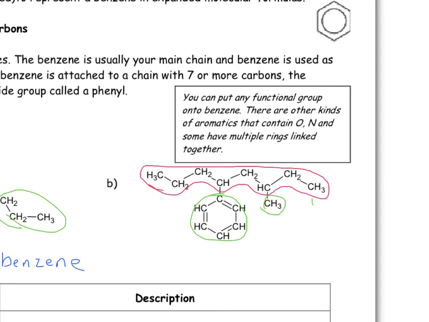So if I go from this direction, I will have groups on 3 and 5 instead of 4 and 6. So if I have 8 carbons, my root is going to be an oct. They're all single bonds, so ane is my suffix.